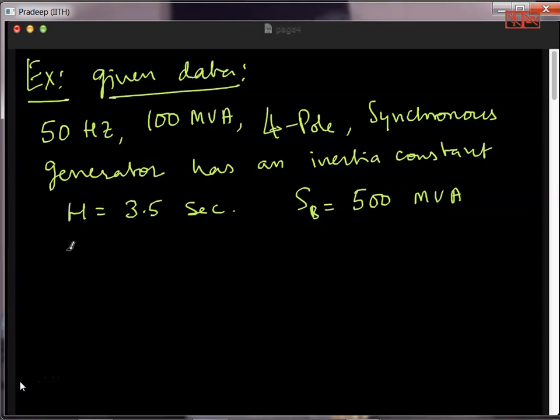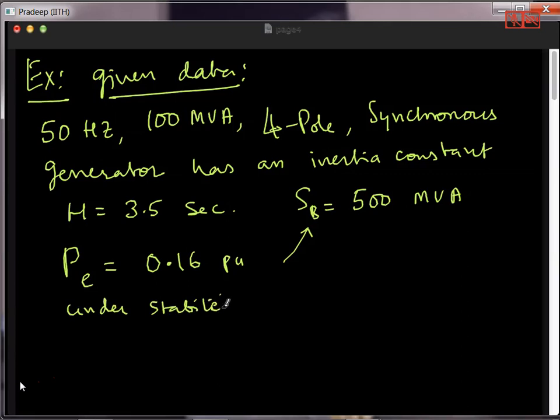So the electrical energy supplied is 0.16 per unit on system base of 500 MVA. This is the electrical energy supplied by the machine. This is also given. Now, therefore, under stable conditions, P mechanical equal to P electrical equal to 0.16 per unit.